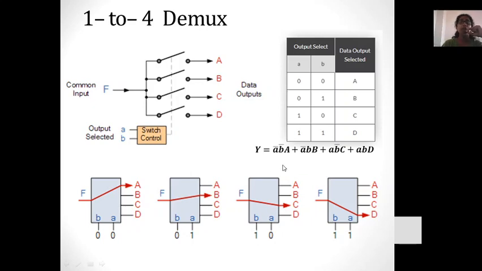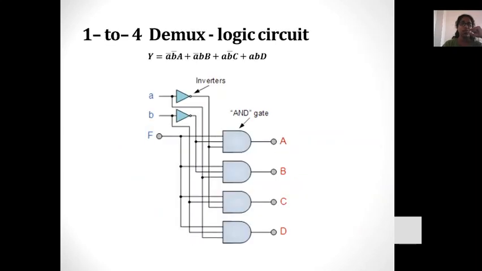So now you can draw the logic circuit using OR gate and AND gates, so an AND OR circuit. Let's see the 1 to 4 demultiplexer logic circuit. The logic equation is this, and you can draw taking A common, B common, and then taking the inversions also. Then draw the common input.